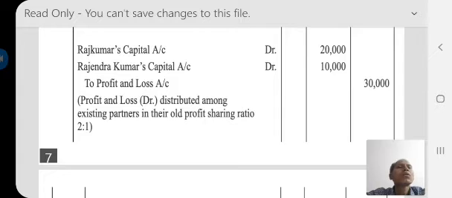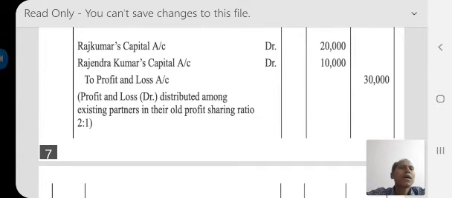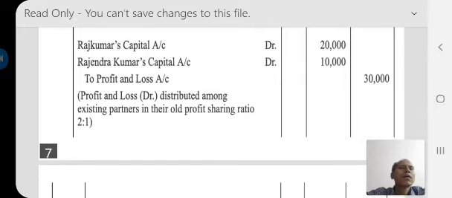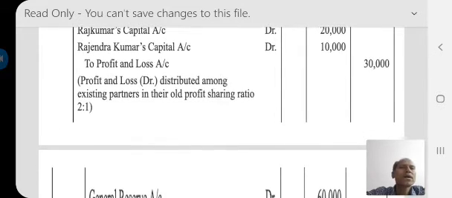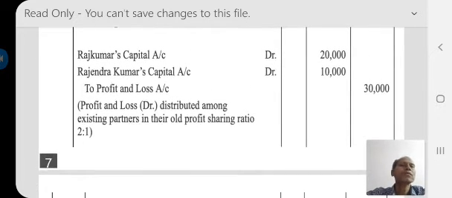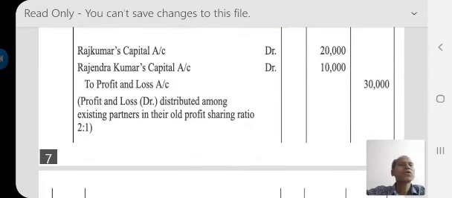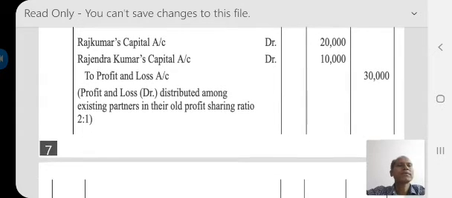So Rajkumar capital account, Rajendra Kumar capital account debit to profit and loss account. So ratio is 2:1. So 20,000 and 10,000. Yes.